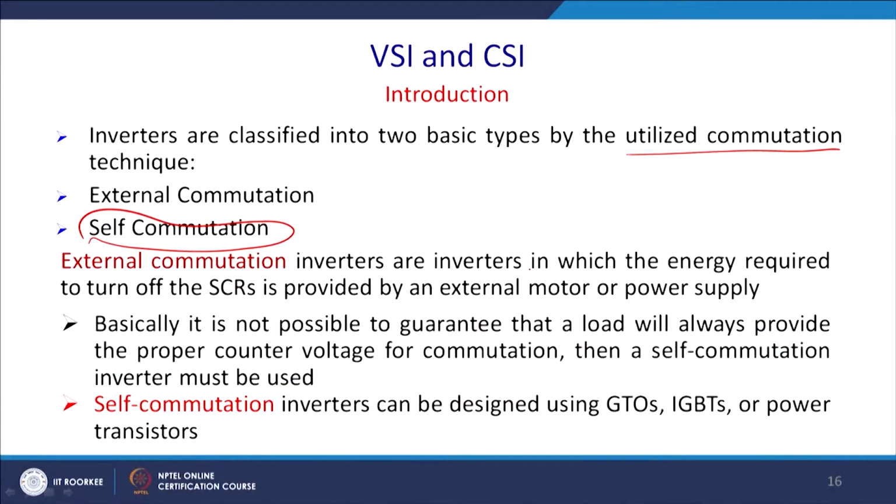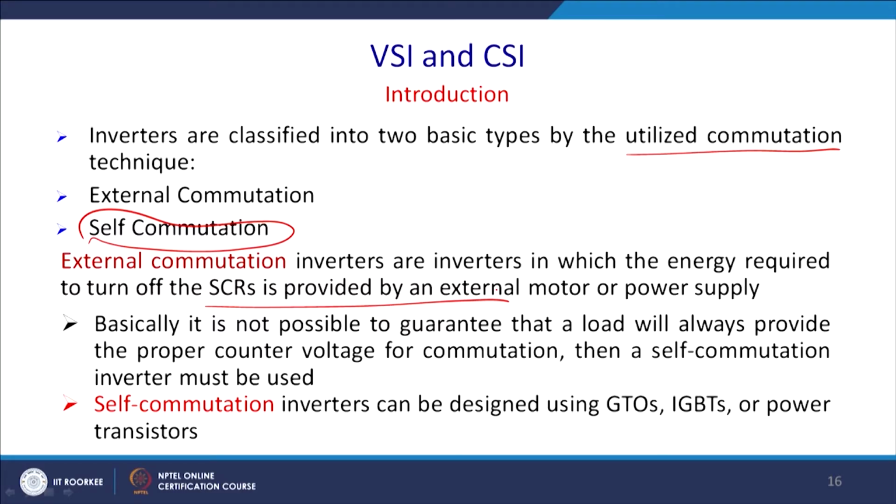Otherwise, if you have a GTO, you have to have negative pulses to withdraw the device. In these inverters the energy required to turn off the SCR is provided by an external source or power supply. That is basically the external commutation.